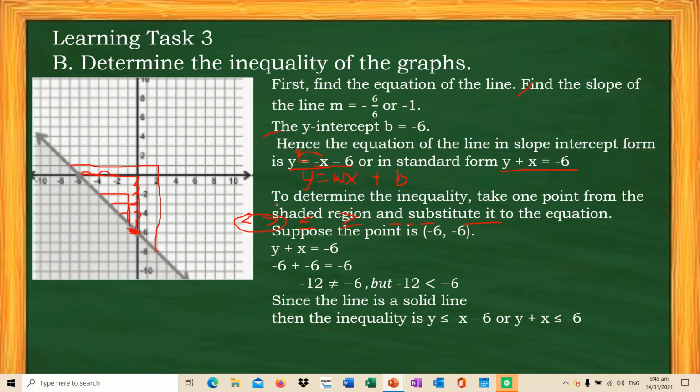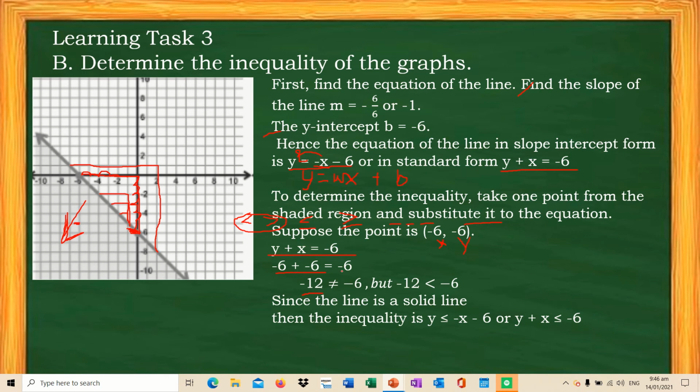Again, to determine the inequality, take 1 point from the shaded region. So, ang ating shaded region ay andito sa lower part. Pumili kayo dyan ng kahit anong point. So, ang pinili ko dyang point is this point. So, ang coordinate niyan ay negative 6 and negative 6. So, ang ating x is negative 6 at ang ating y ay negative 6 also. Then, ipapalit nyo ngayon dito sa equation. So, y is negative 6, x is negative 6. So, negative 6 plus negative 6 is negative 12.